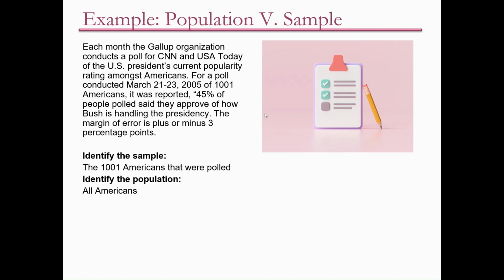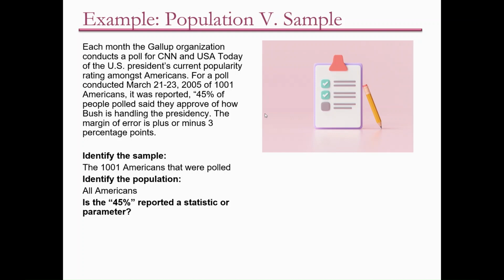When we are working through story problems later in the quarter or looking at real life examples of studies, surveys, experiments, a lot of times the word all will come before whatever your population is. And that's just to emphasize that we are talking about the population, the entire group.